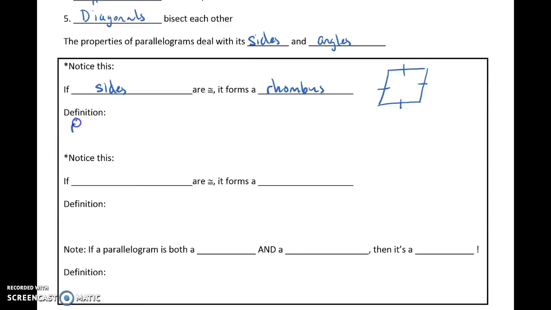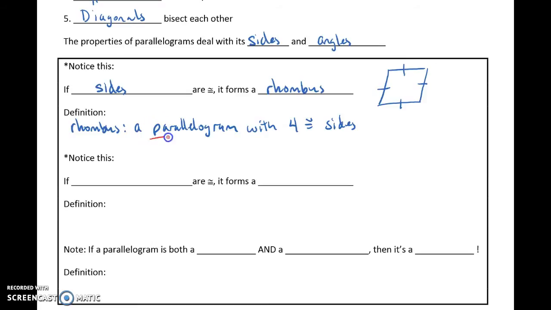So let's define this. It's a parallelogram with 4 congruent sides. And just like I was saying before when we were proving we had parallelograms, you need 2 things for rhombuses too.